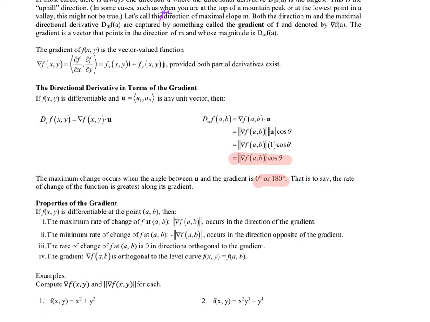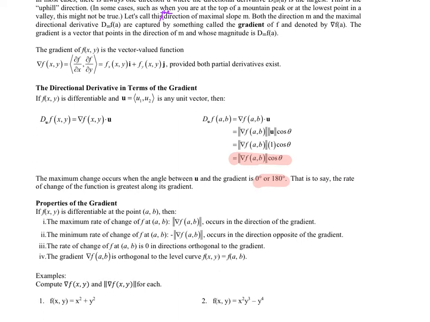If the angle is equal to 0, then cosine is equal to 1. So that would make your directional derivative in terms of the gradient equal to the magnitude of the gradient itself. If your angle is 180, then cosine would be -1, so that would give us the rate of change in the opposite direction of the gradient.